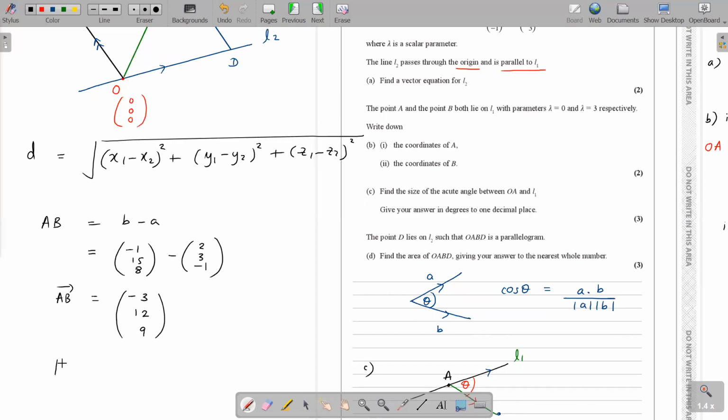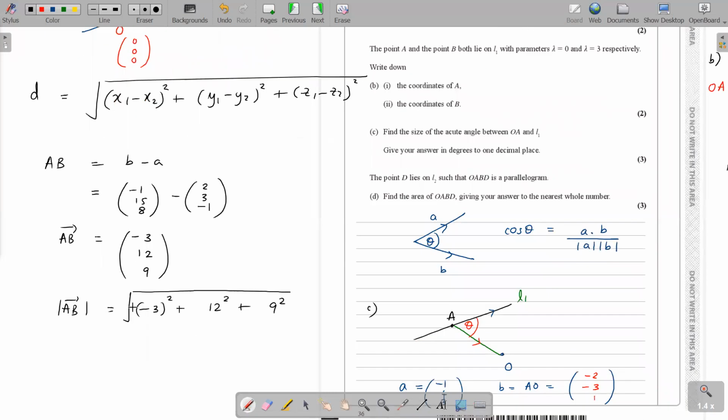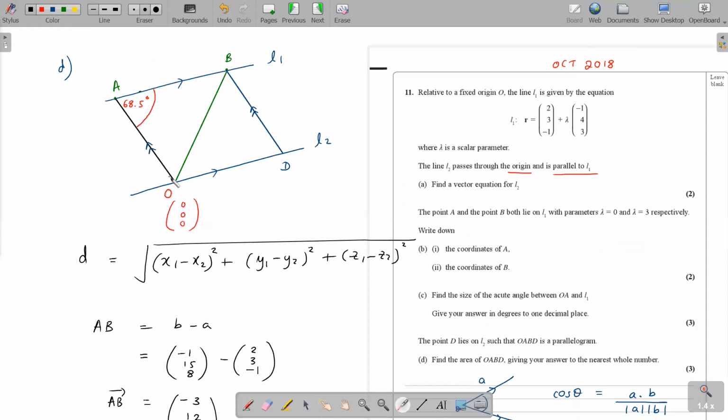Now get the modulus of the AB vector, the magnitude. When you get the magnitude of the AB vector, it's the square root of minus 3 squared plus 12 squared plus 9 squared. How much is this answer? Can I know the AB vector modulus answer here? So this is 3 root 26. The other distance we need to find is the OA line distance, isn't it?